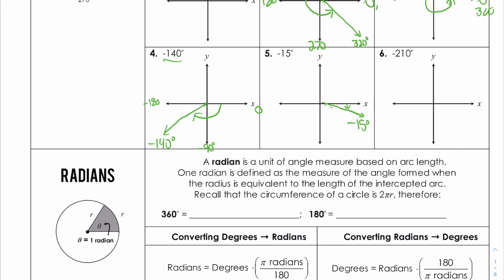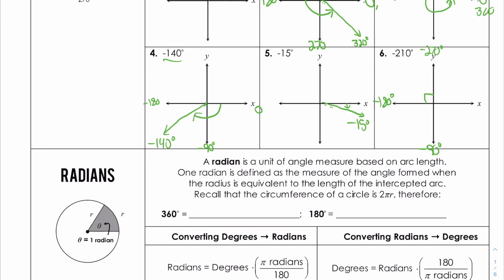Negative 210. We got negative 90 straight down, negative 180 to the left, negative 270 straight up. So for negative 210, we need to go an extra 30 degrees. From negative 180, we need to go 30 degrees more, and 30 degrees is 1/3 of an extra quadrant, because an extra quadrant is 90 degrees.